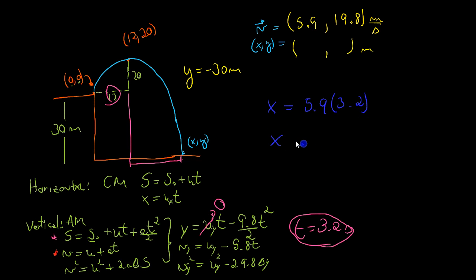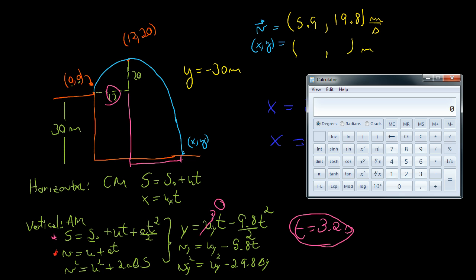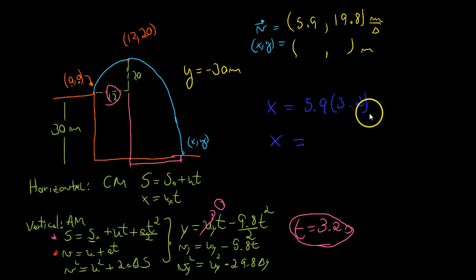Okay, calculator. So 5.9 times 3.2, 18.9. Okay, so 18.9 meters. But that's the distance from the x of the vertex to the end. So we have to add 12, right?